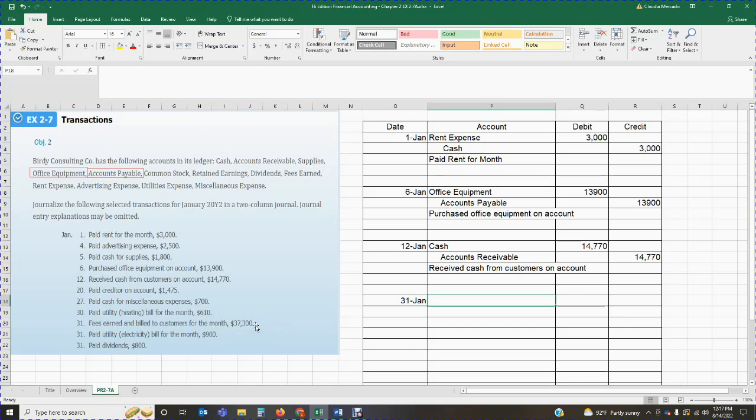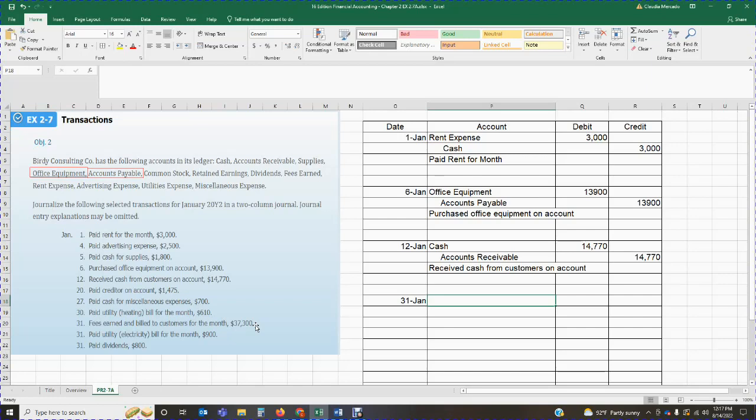So we have to record that we've provided this service. The service has been completed. We've earned our fees and we've billed our customers. So we've done everything on our end. The services have been provided. We billed our customers. Now we just need to wait for them to pay us. So we have to record the services performed during the period. We only record revenues for services actually performed.